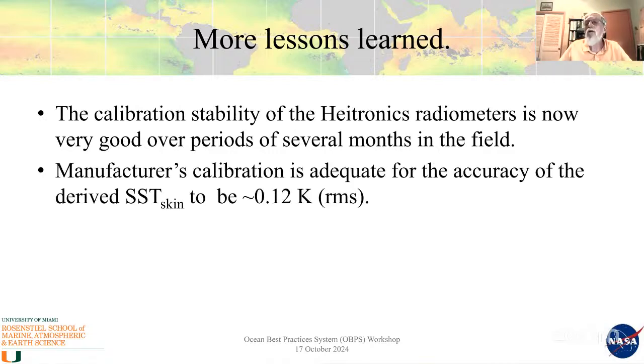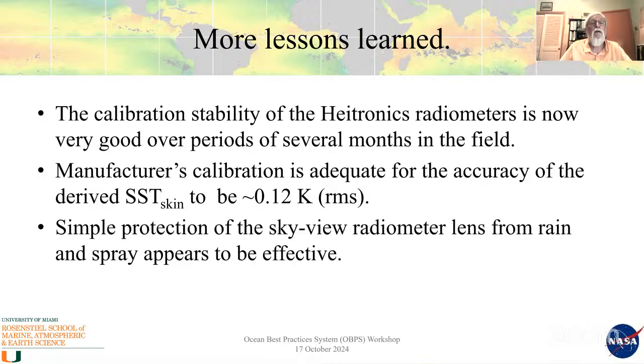So relying on the manufacturer's calibration information is good enough to get skin temperatures to about 0.12 degrees. And the simple protection of the Skyview radiometer using a sighting tube to try to keep the spray and the rain and the snow out appears effective, with drainage if any water gets into the tube.